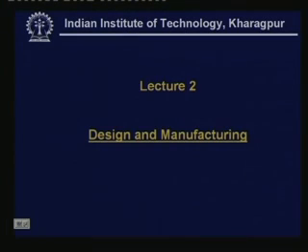In the case of design, when we want to make the final design, one has to give a shape, as I told you, to the machine element, and for that you require some ideas of manufacturing, as I have already told you.